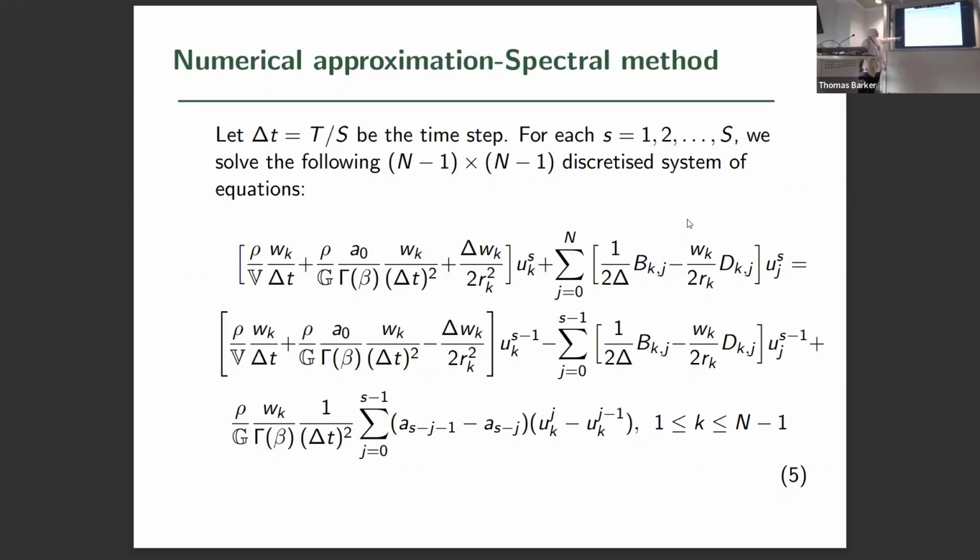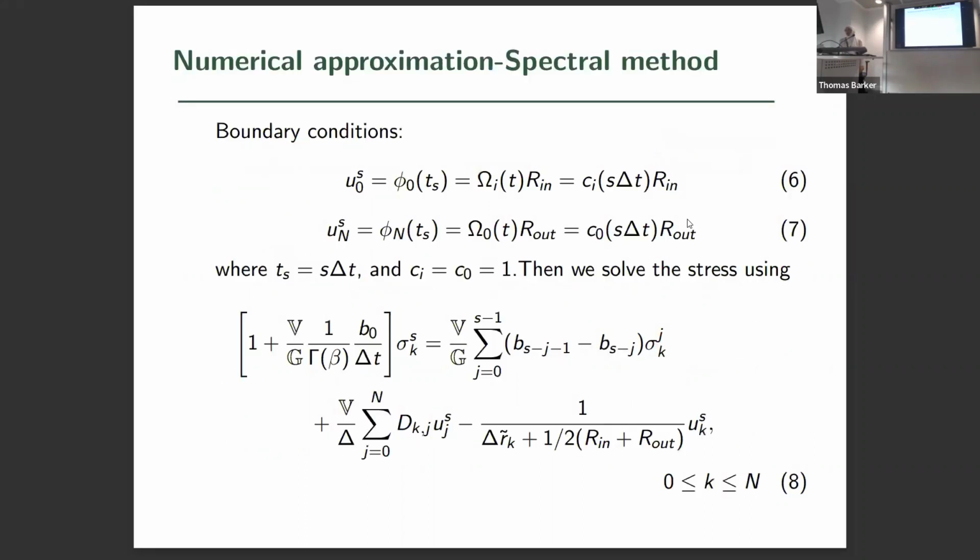This is the discretized equation for velocity, where here we have different parameters from the discretization of the time derivative, and D is the spectral differentiation matrix, W is the weight function, and we discretize the boundary condition for the velocity. When we get the values for U, we can calculate the equations for stress.